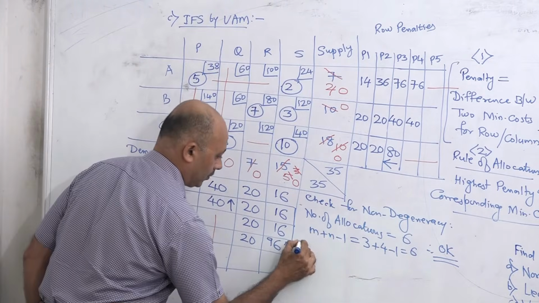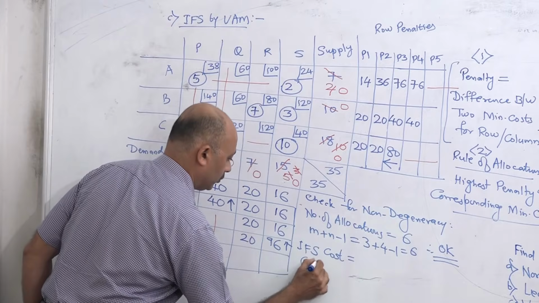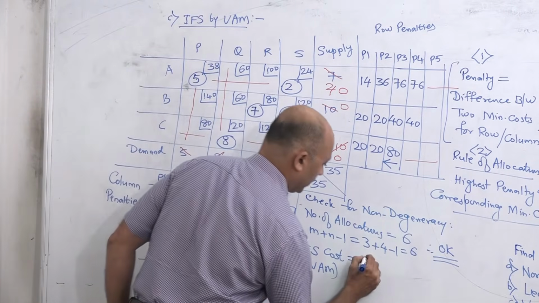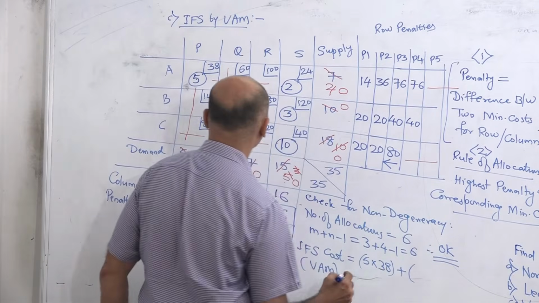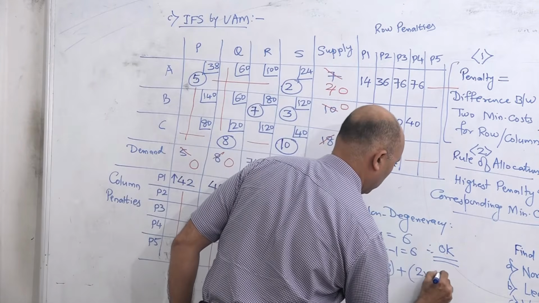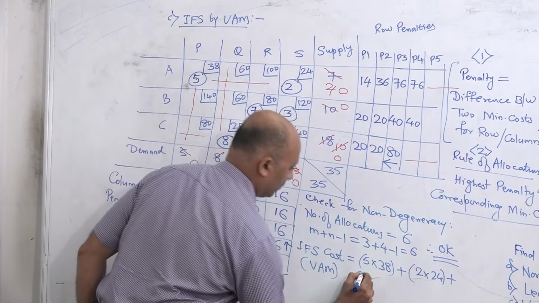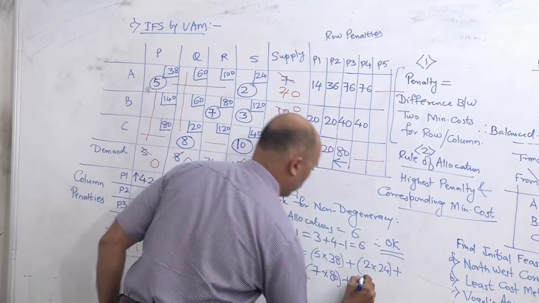Then we calculate the IFS cost using the VAM method. So this is the cost of VAM. So that is now 5 into 38 plus 2 into 24 plus 7 into 18 plus 3 into 120.